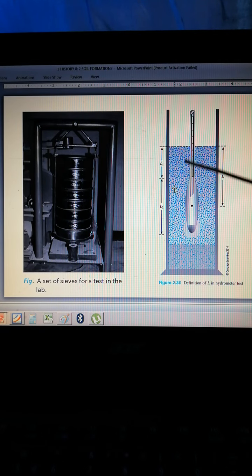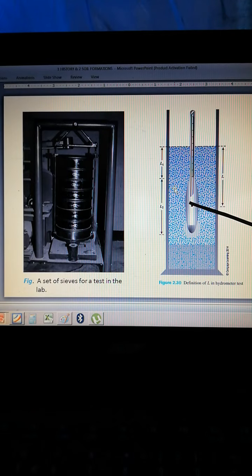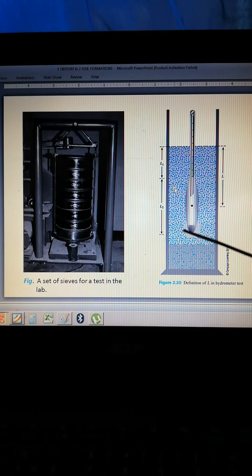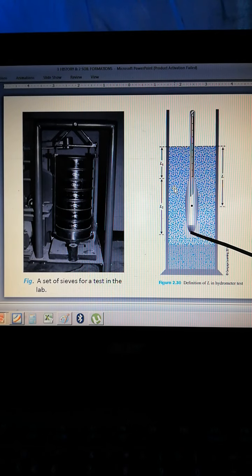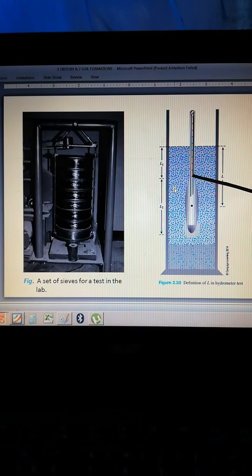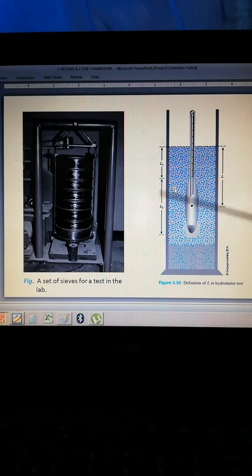Any particles that are dispersed, and these particles that have settled. Then you have the L, the distance from the center of gravity of your hydrometer to the water surface. The standard is from here up to this dimension or portion of the hydrometer. These are standard values.